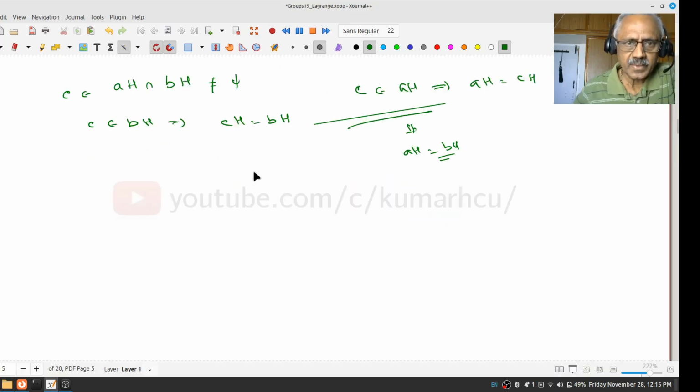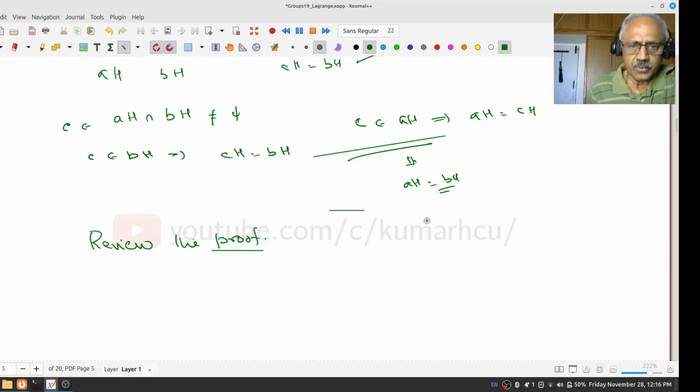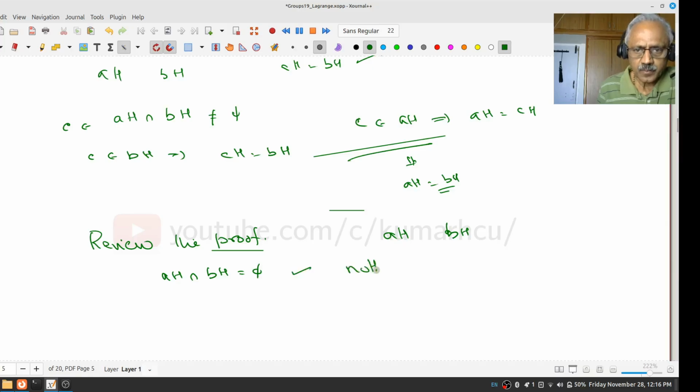Let me review the proof. What did I prove? Given two cosets AH and BH, if AH intersection BH is empty, then there is nothing to prove.